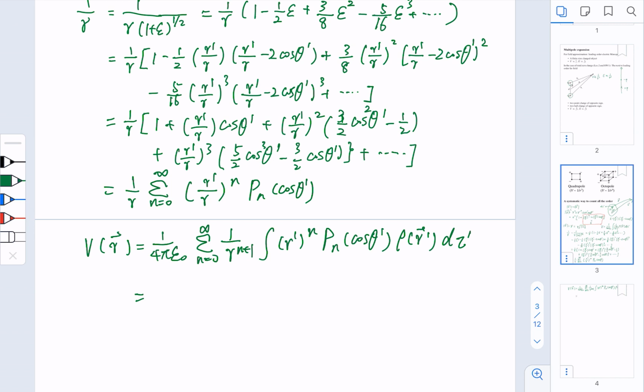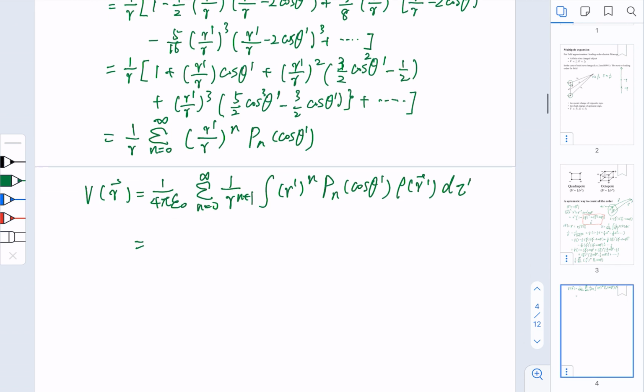Now let's write down explicitly a few orders. So for the 0th order, we simply plug in P_0 cosine theta, which is a constant. So it's r prime to the 0, so both terms vanish. So it's integrating over r prime only.